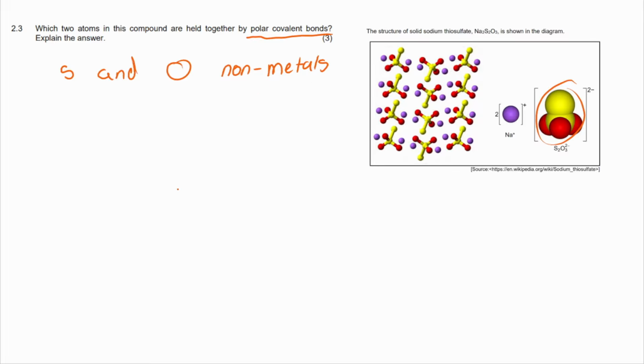They're both non-metals and they're bonded together. We also have to say why it's polar. It's polar because they have different electronegativities, versus non-polar where they have the same electronegativities, because there's an electronegativity difference.